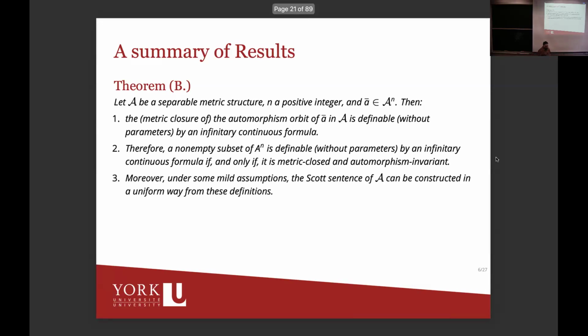And also, going back to what we just saw, it turns out that this Scott sentence, whatever it is, you can take these definitions for automorphism orbits and put them together to get the Scott sentence. So there's this weird sort of inside-outside principle. Once I fully understand how automorphisms work inside my structure, I can classify it amongst all the separable ones.